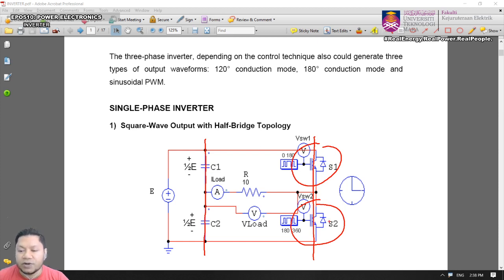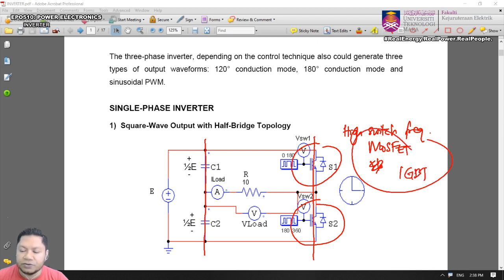These switches will be a high switching frequency type of switch, which can be MOSFET or BJT or IGBT.